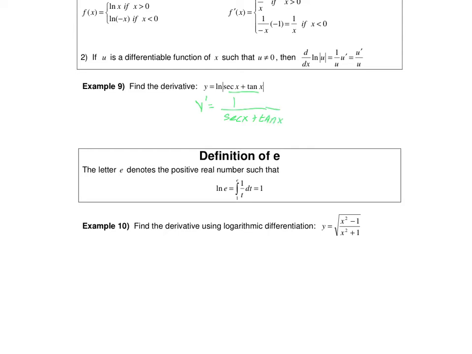And then I'm going to multiply by the derivative of that. So derivative of secant is secant tangent. And then this is all multiplied together, so we need a bracket around both. The derivative of tangent is secant squared.